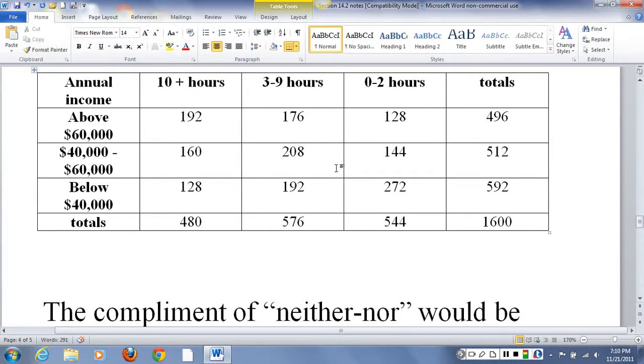Now keep in mind, you could have done it the other way. You could have said, well, just looking at this chart, what areas are outside of this definition? What areas are not 10 plus hours? What areas are not above $60,000 income? So everything that's not 10 plus hours, of course, is these right here.